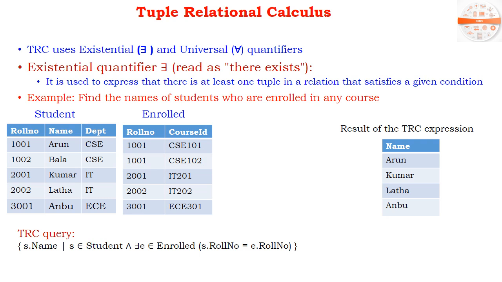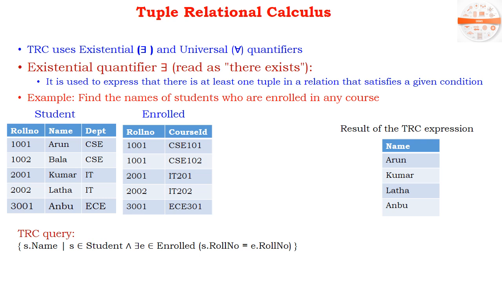So here, first mention the tuple name on the left side. What do you want to display here? For example, name, that is s.name. Now S, the tuple, belongs to the student relation, and E is a tuple that is associated with the existential quantifier and belongs to enroll.